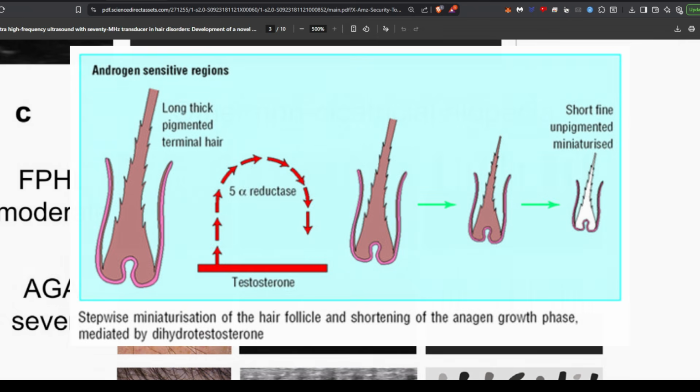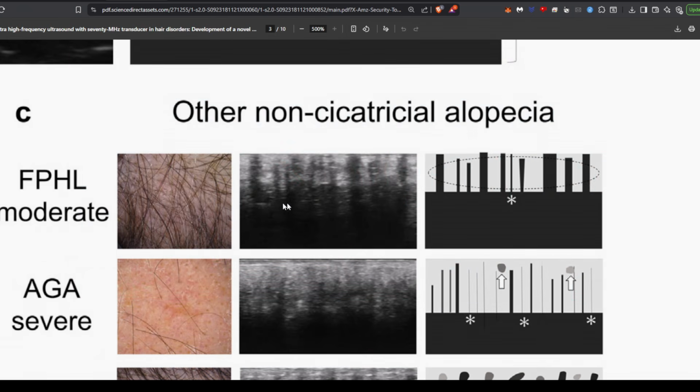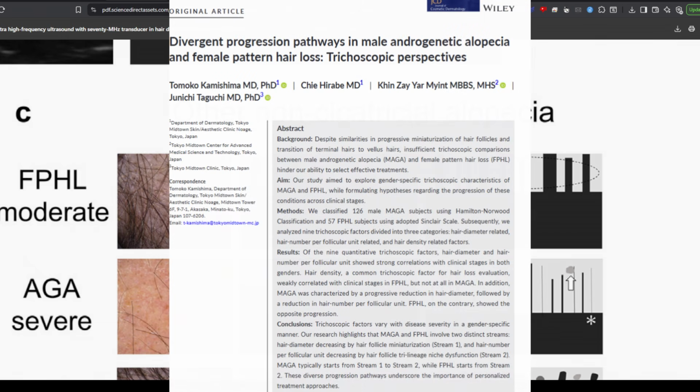So we can see over here there is a mixture of hairs of different sizes, hair follicles of different widths. And what we know from androgenetic alopecia and female pattern hair loss, essentially the same disorder, is that as hair is inhibited by dihydrotestosterone, over numerous cycles it goes through a process called stepwise miniaturization.